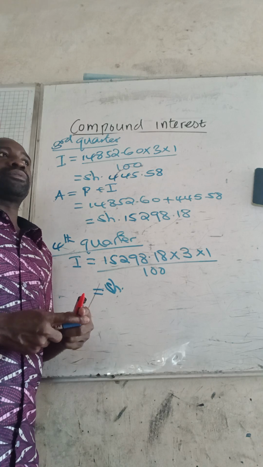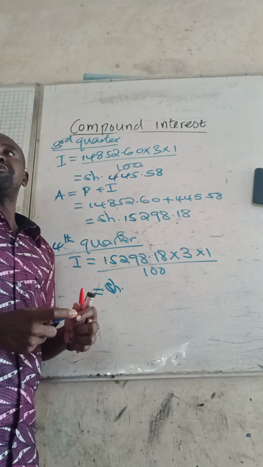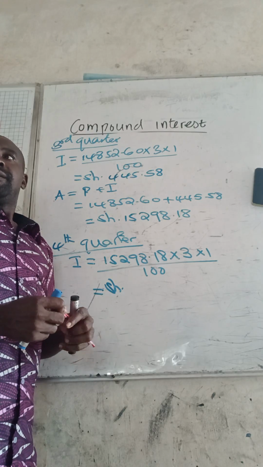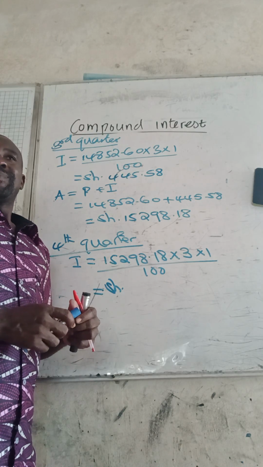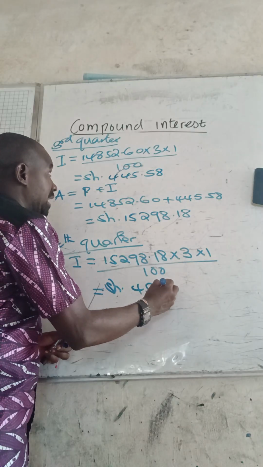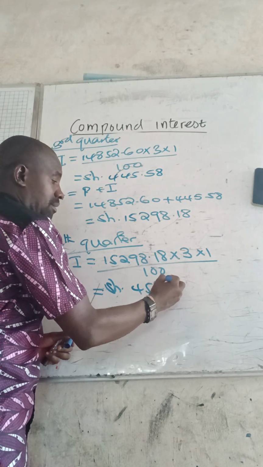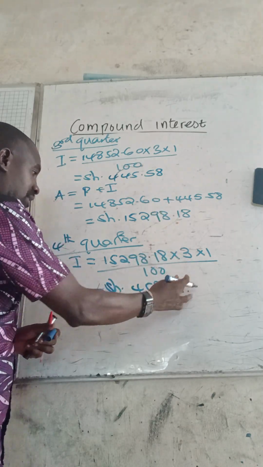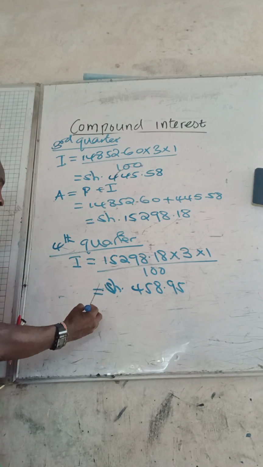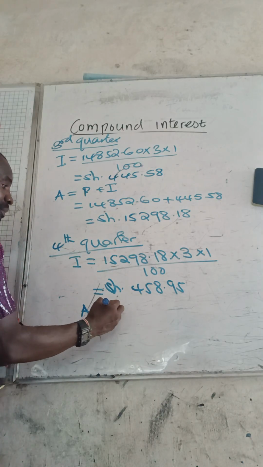This time around, you should not go far away from your calculators. $458.95. So by the end of the fourth quarter, what will be the amount?